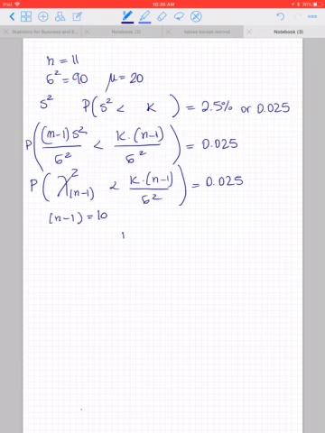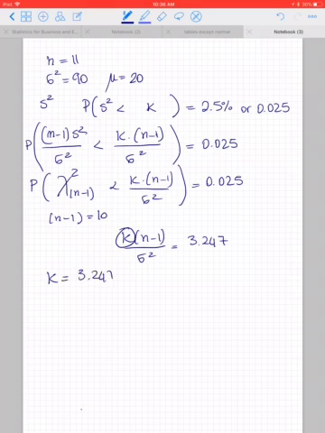So I know that k times (n minus 1) divided by sigma squared has to be equal to 3.247. But the question didn't ask me for this number. The question wants to know k. So k is 3.247 times sigma squared divided by n minus 1.